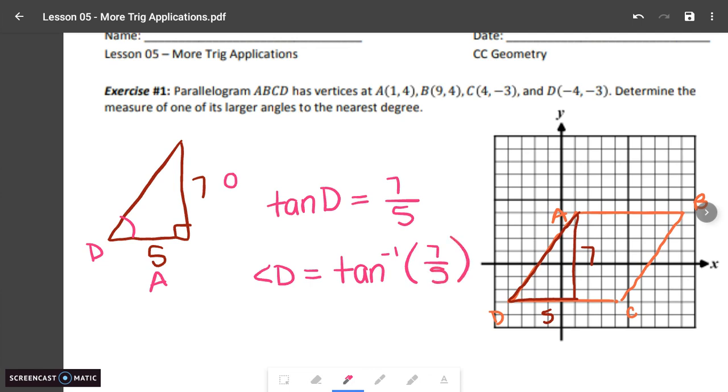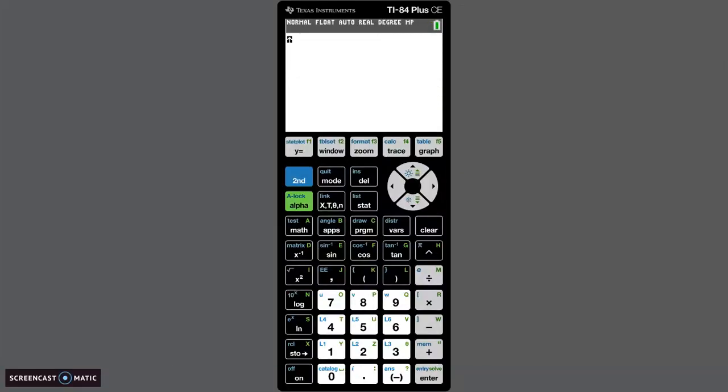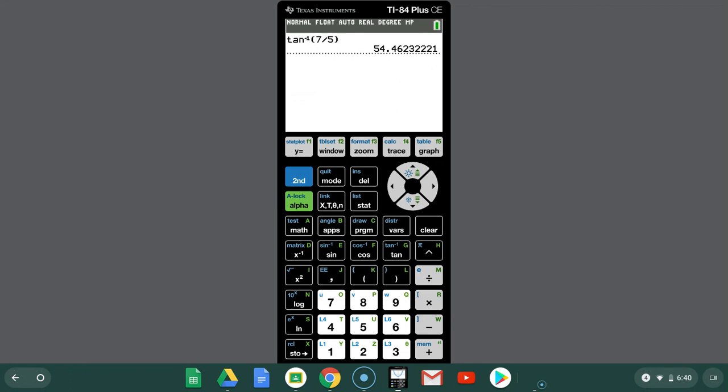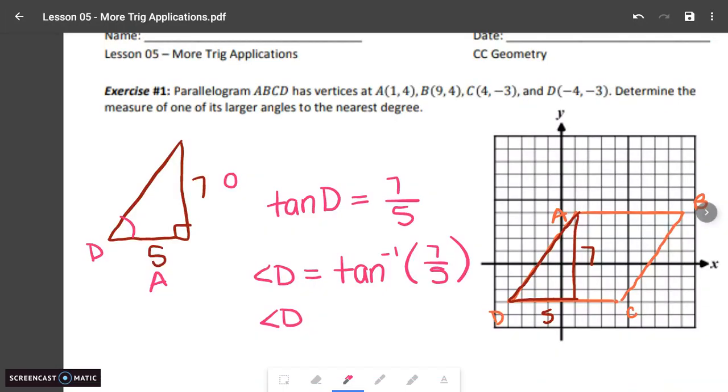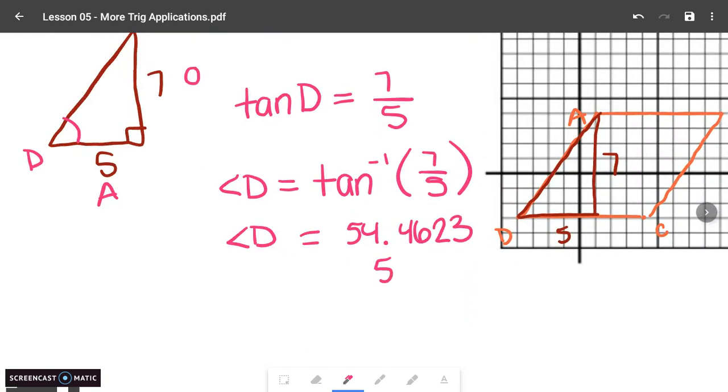The calculator should still be in degree mode. So second tangent, 7 divided by 5, and we get 54.4623. Okay, and to the nearest degree, that's 54 degrees.